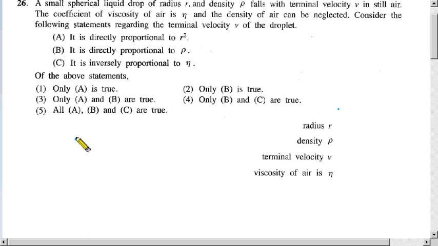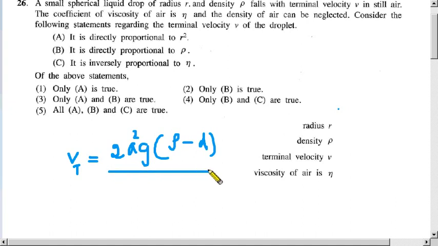successfully, you have to remember the equation for terminal velocity, v_t equals 2 times a squared, times (rho minus d) times g, divided by 9 eta.